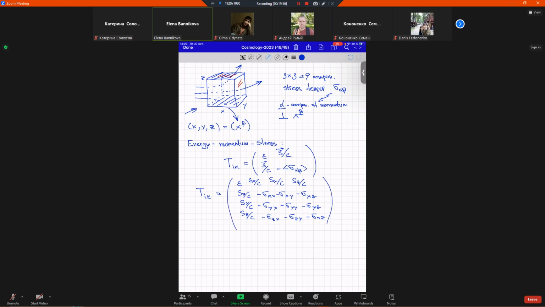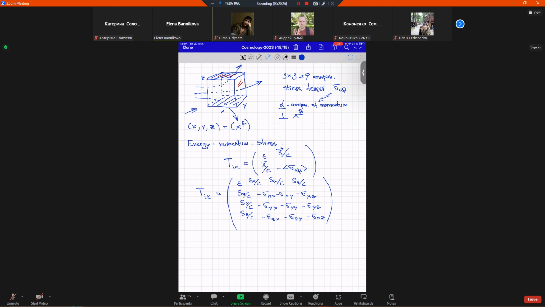So this is all the components of the energy momentum tensor. It looks not simple, but we will see that due to some fundamental property of the universe, which we observe now, the energy momentum tensor really becomes very simple.